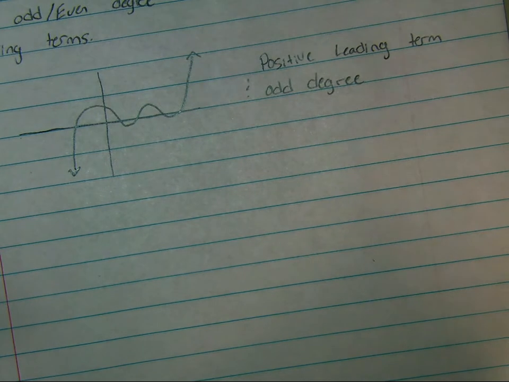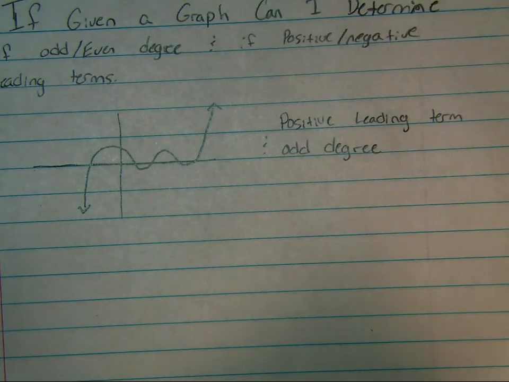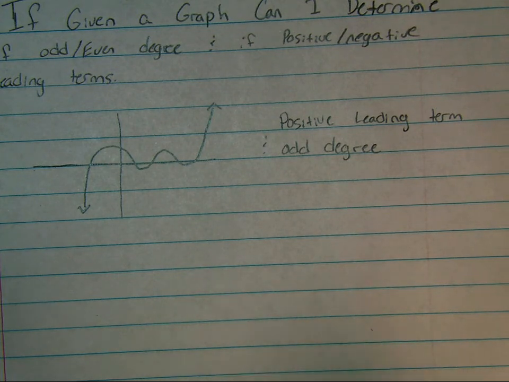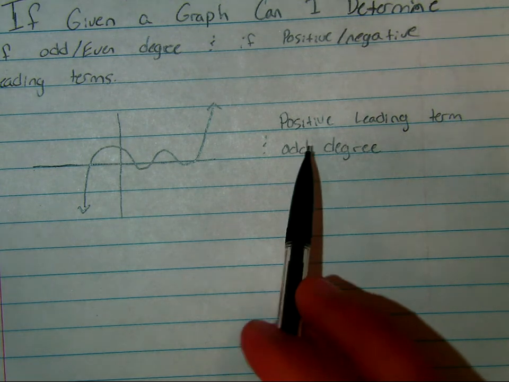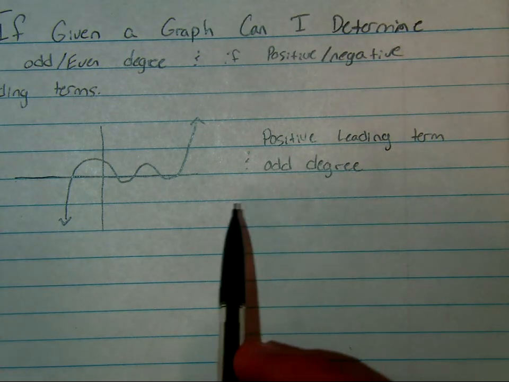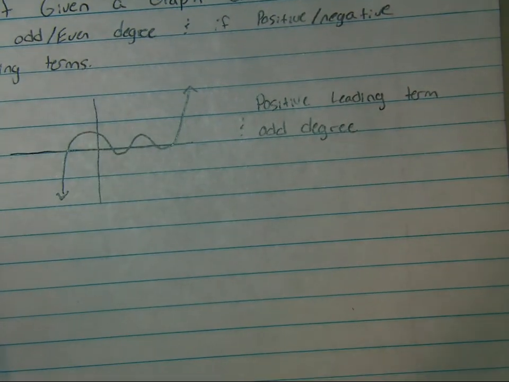That's all I can really say about that one. I don't know what the degree is. We can't determine that. We don't know what the leading term is. We can't determine that. All we're really worried about is finding if it's a positive or negative leading term and an odd or even degree.